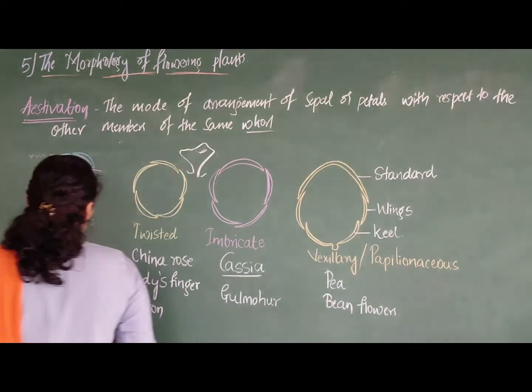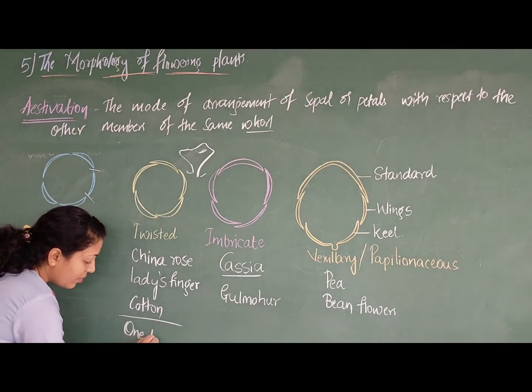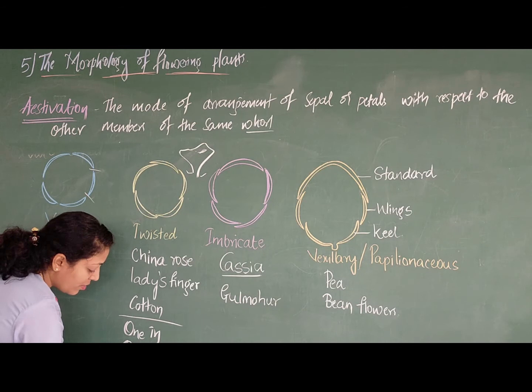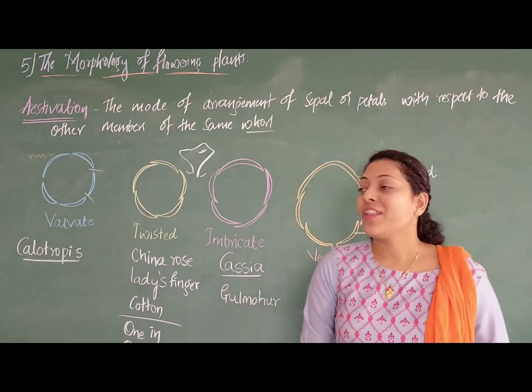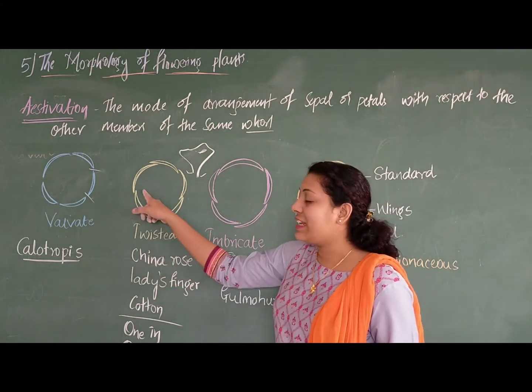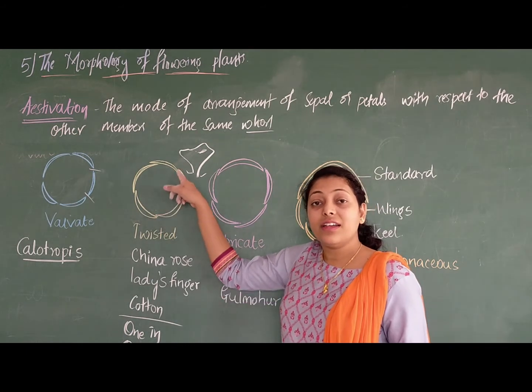For twisted aestivation, one is in, one is out. Okay, one is in, one is out.